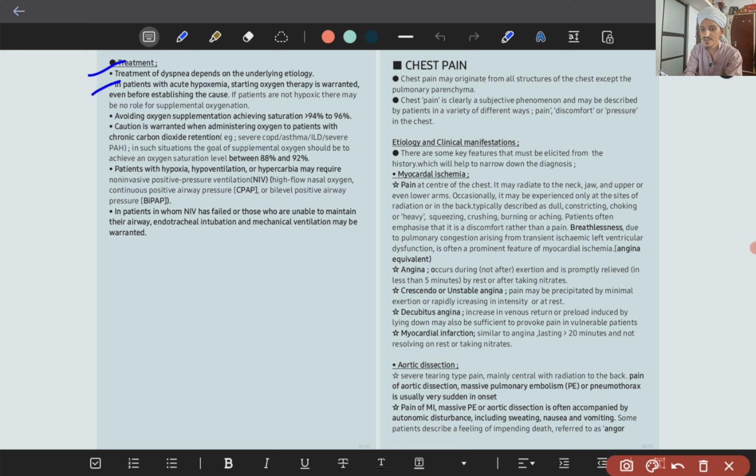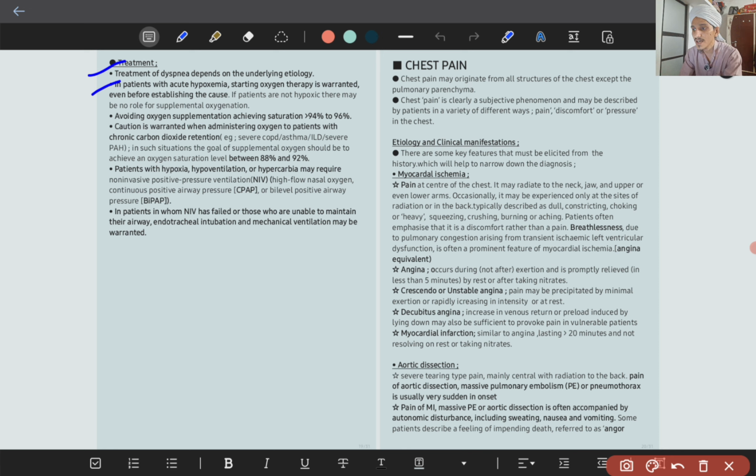That's why upon arrival you first check the severity of breathlessness. If the saturation is low, connect the oxygen either by oxygen mask or by CPAP, BiPAP or intubation, depending upon the condition of the patient. Starting oxygen therapy is warranted even before establishing the cause.